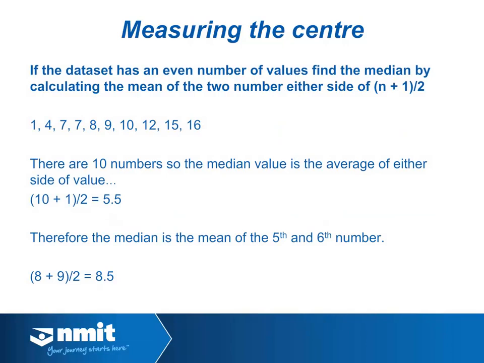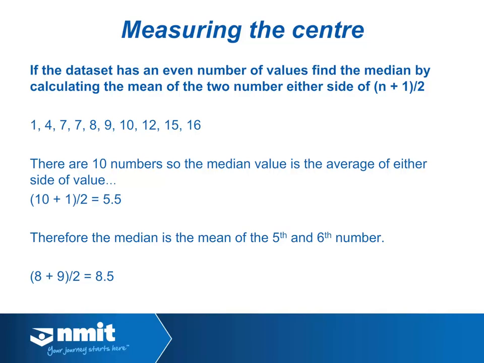If the data set has an even number of data points, it's a little bit more complicated, but not really. We use the same formula. However, in this case, we average the data from either side of the number we get from the formula.